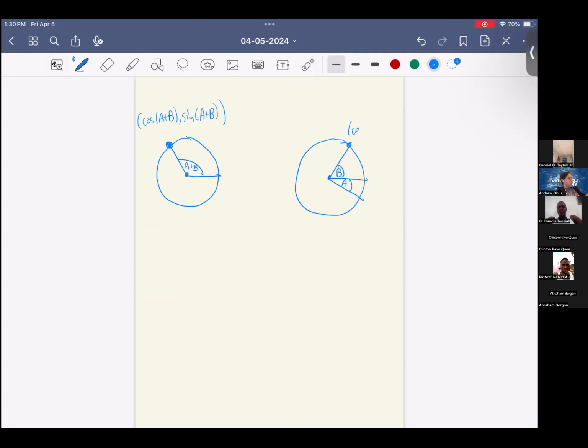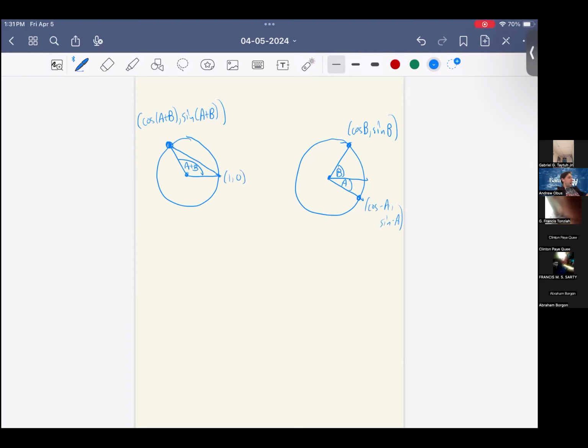And so this is cos b, sine b. And since the a here is actually counted under the x-axis, this over here is going to be cosine of minus a and sine of minus a. Again, this point here is 1, 0, and you can do a similar proof.